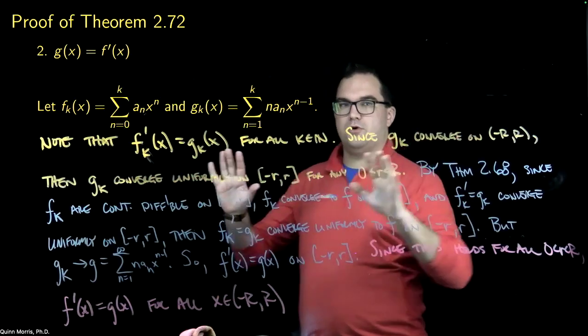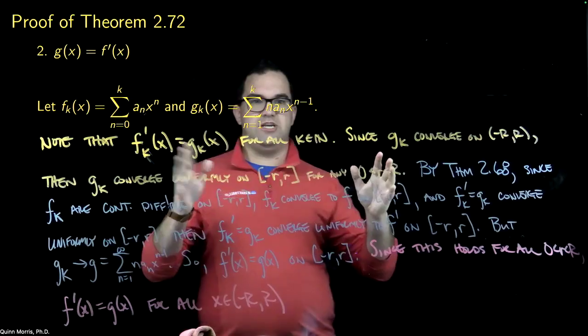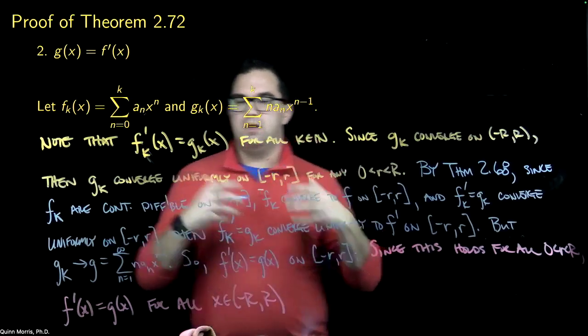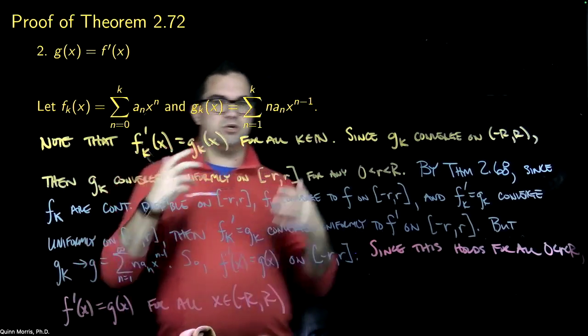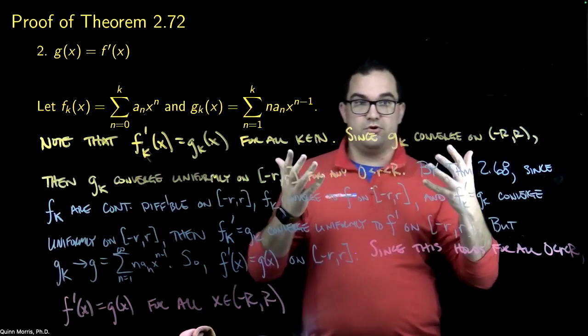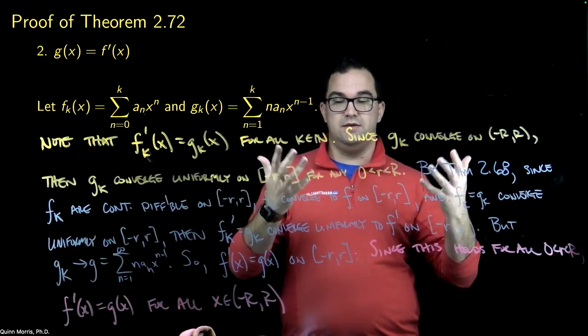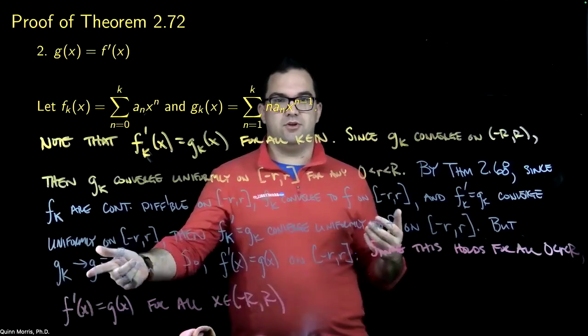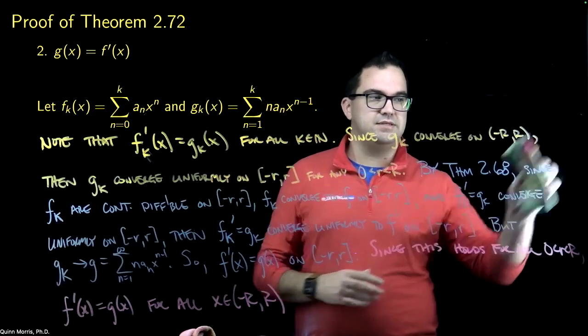So again, in the first part, we show that this sequence G has to converge on the same interval. And then in the second part, we show that the power series G must actually be the derivative of the power series F.